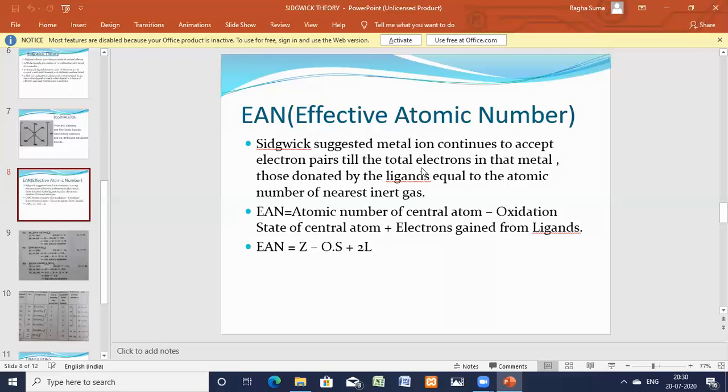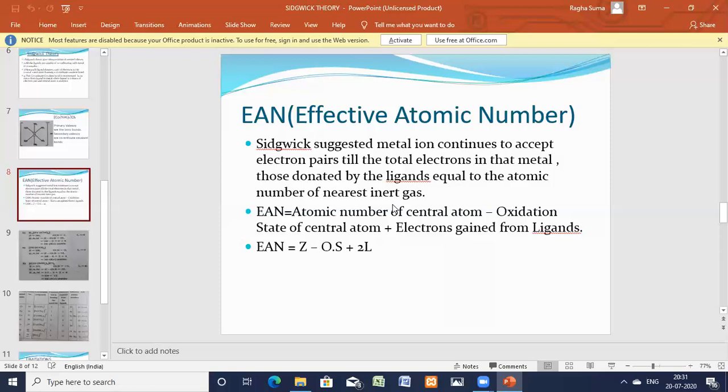So it accepts the electron pairs until the total number of electrons in the metal donated by the ligand is equal to the nearest inert gas configuration. Until it gets the atomic number of the nearest inert gas, you have the inert gases helium, neon, argon, krypton, xenon.